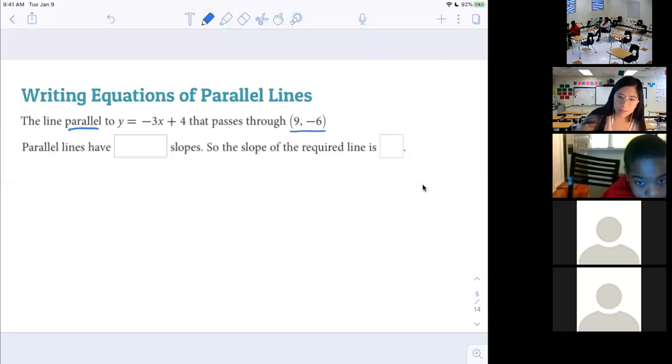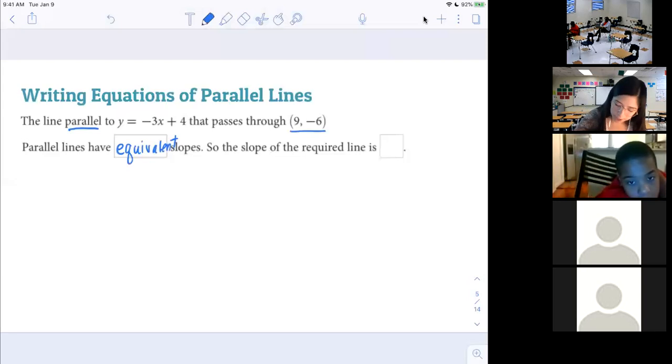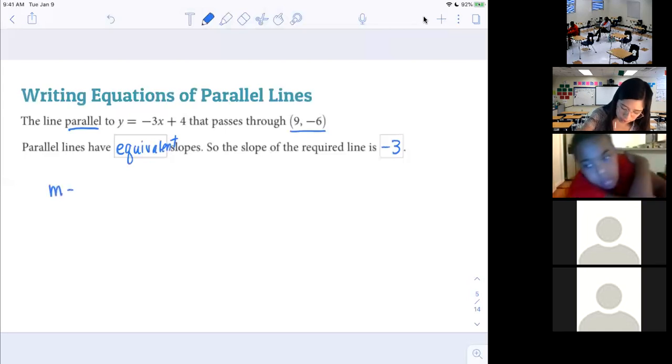Yeah, same slopes. So you could say same slopes, equivalent. I'm going to write equivalent. They have equivalent slopes. So the slope of the line we're looking for has to be what? Yeah, Perla, negative 3. So we already know that m has to be negative 3.